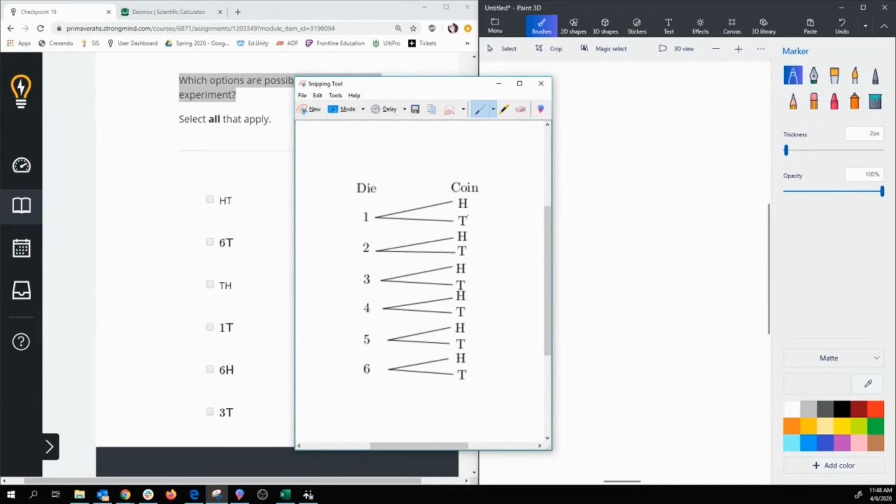Dawson, what's your question? The last one should have, you want to pick the tree diagram that has a 0.4 and a 0.6.